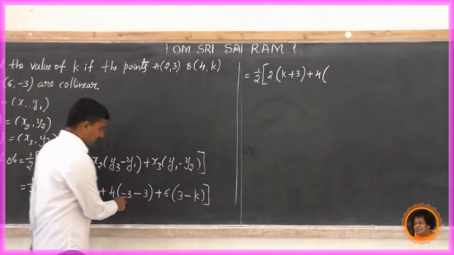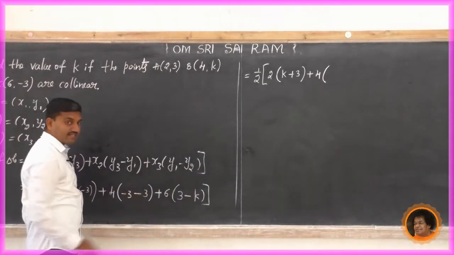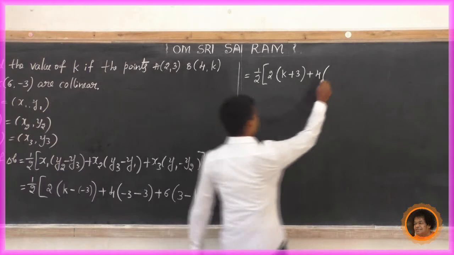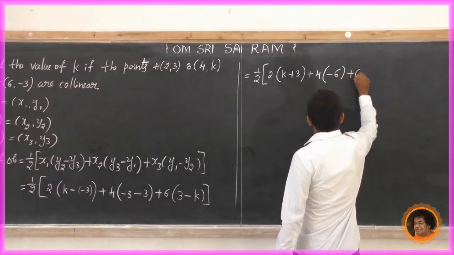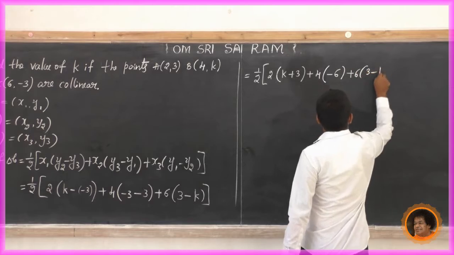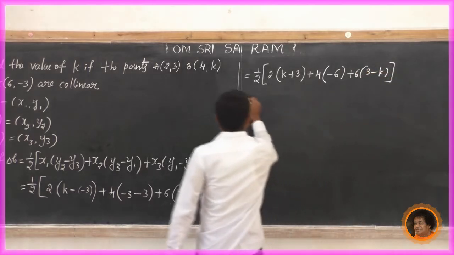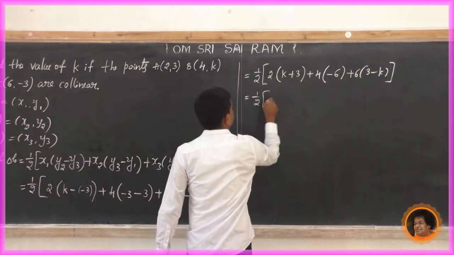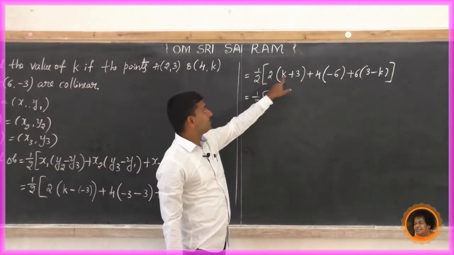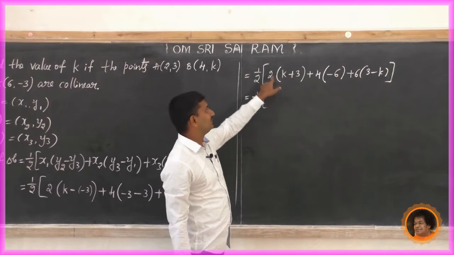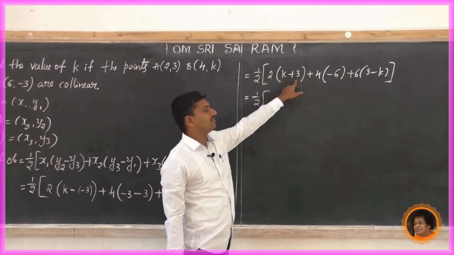Here both are negative signs, minus 3 minus 3 is equal to minus 6, minus 6 plus 6 into (3 minus k). Next, look here: 2 into (k plus 3). This is the monomial and the next one is the binomial.